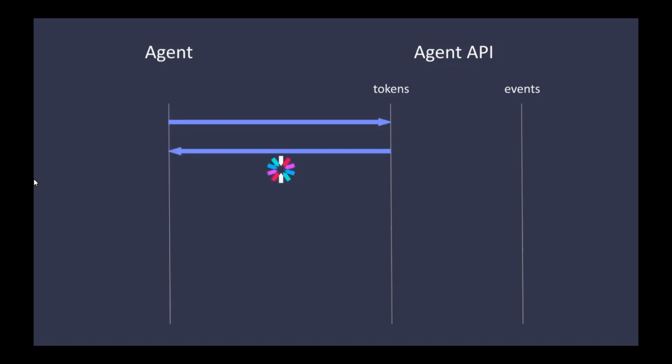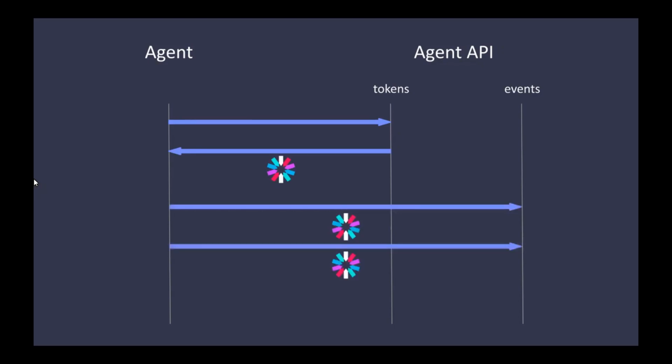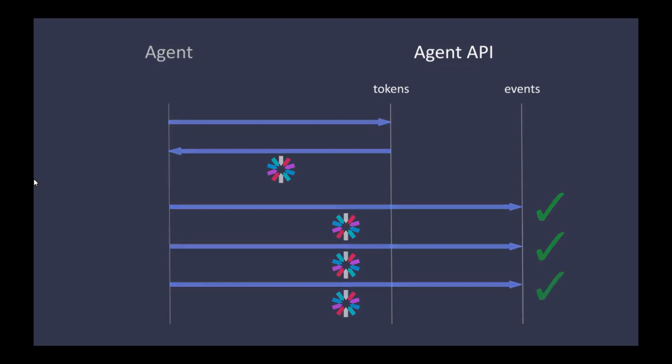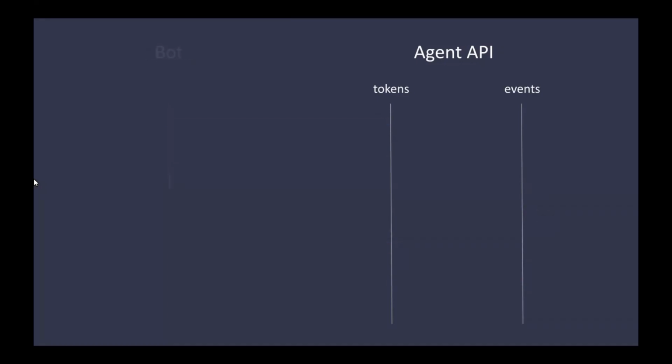The agent then includes this token in the headers of all subsequent requests made to the events endpoint, which handles processing of event data. The agent API authenticates all requests made to this endpoint before it takes any other action. In this way, we protect our application from processing illegitimate requests, which at best would waste resources and at worst expose the application to malicious action.